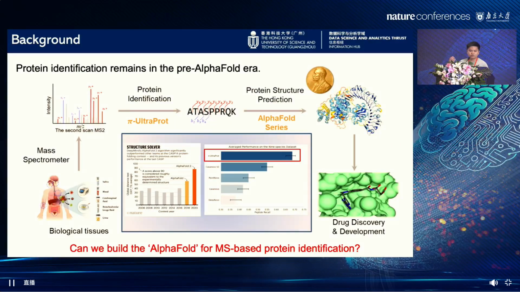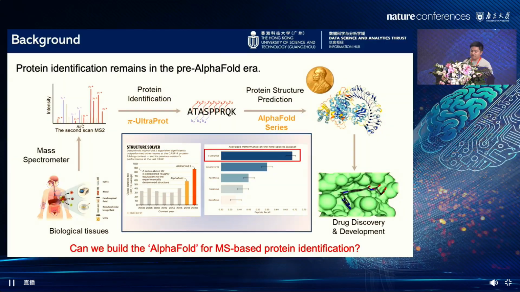But how can we obtain the protein sequence as the input for AlphaFold? The most widely used tool is the mass spectrometer. However, the state-of-the-art tools can only achieve nearly 50% score in the protein identification task, which is still far from real-world applications where we try to find the proteomic dark matters.